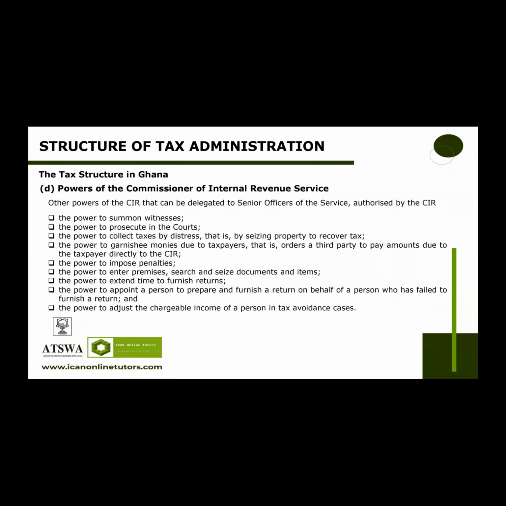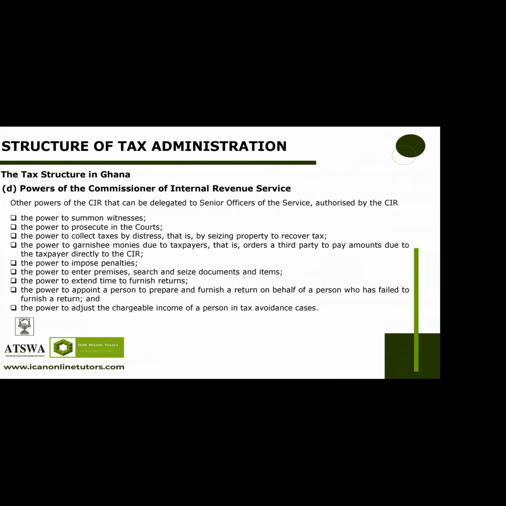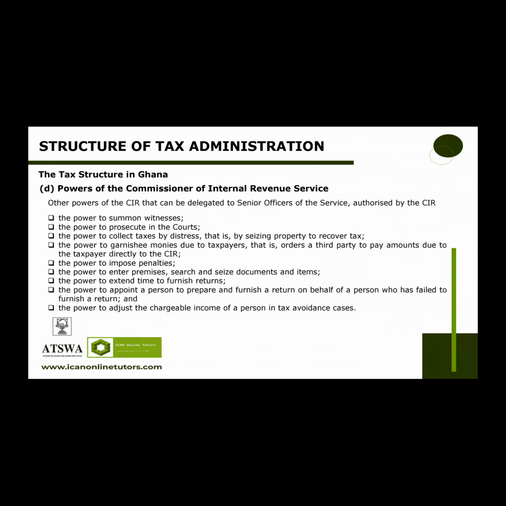Also the power to enter premises, search and seize documents and items, the power to extend time to furnish returns, the power to appoint a person to prepare and furnish a return on behalf of a person who has failed to furnish a return, and the power to adjust the chargeable income of a person in tax avoidance cases.